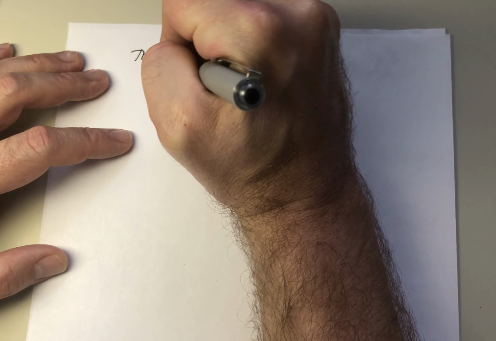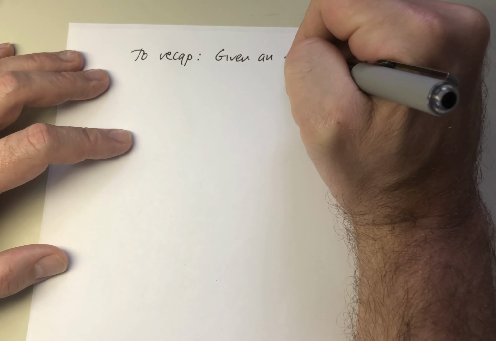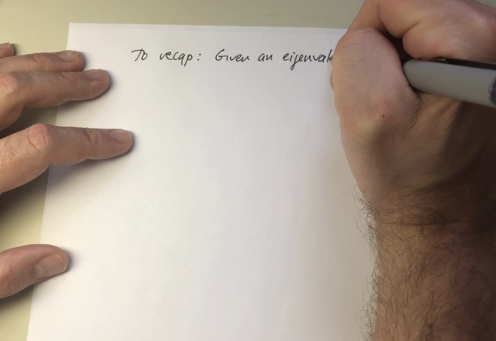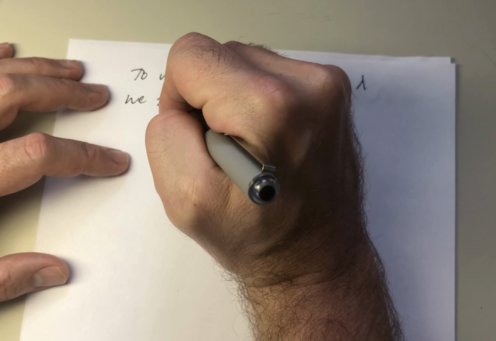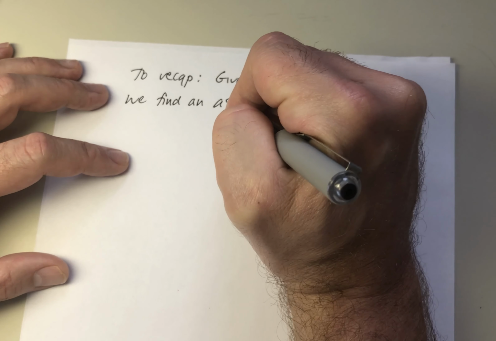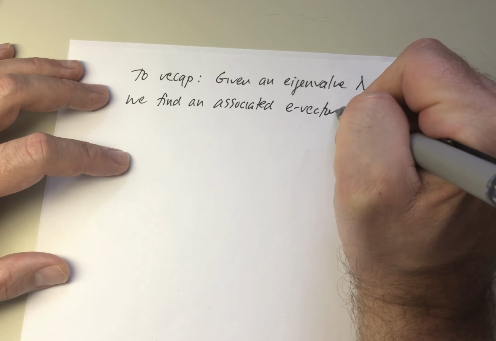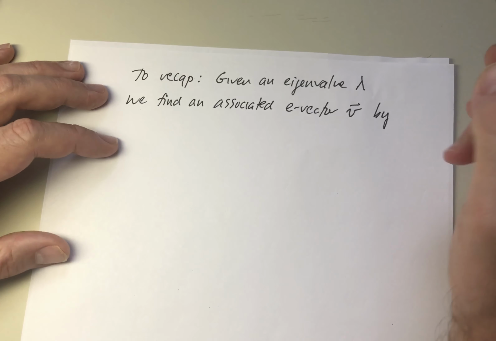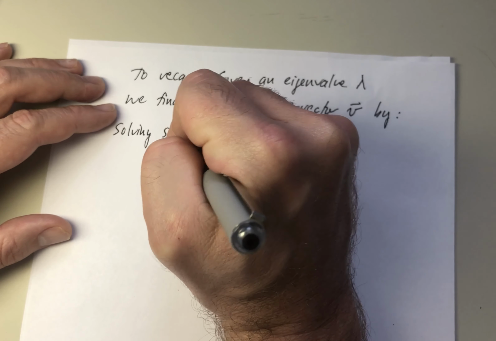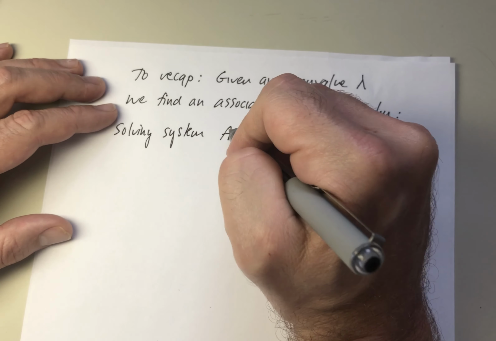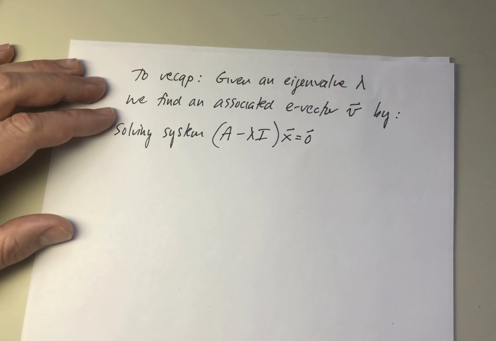So to recap one more time, given an eigenvalue lambda, we can find an associated eigenvector v by solving the system (A minus lambda I) x equals 0.